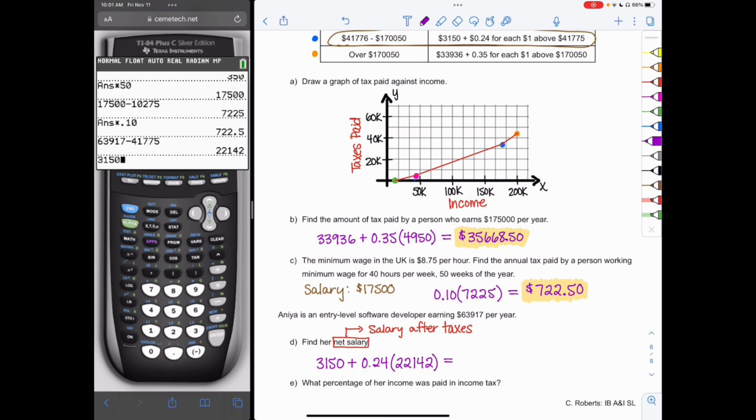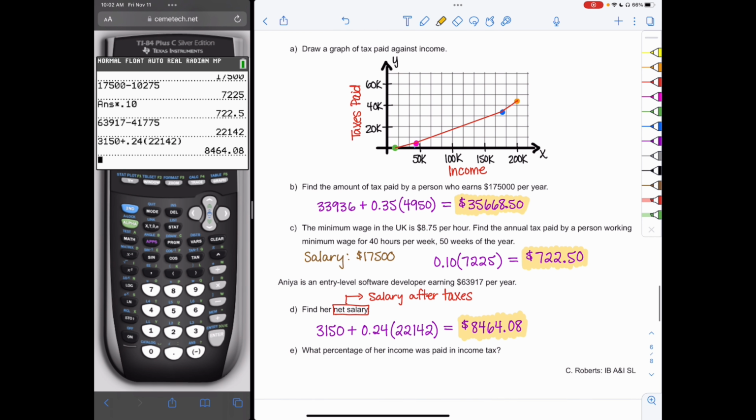So 3,150 plus 0.24 times 22,142, that would give her a total tax bill of $8,464.08. That's how much her tax bill would be.